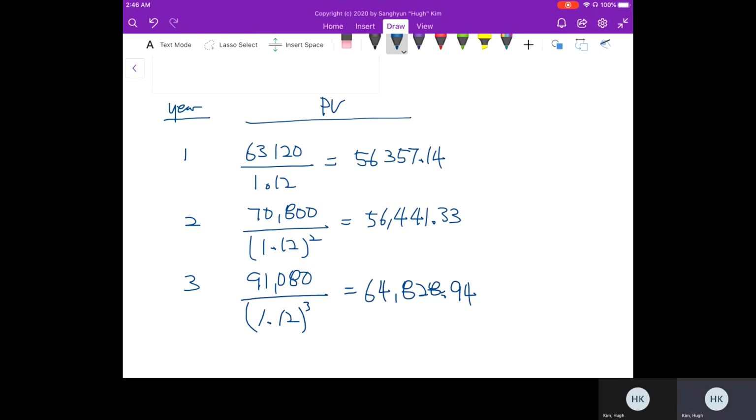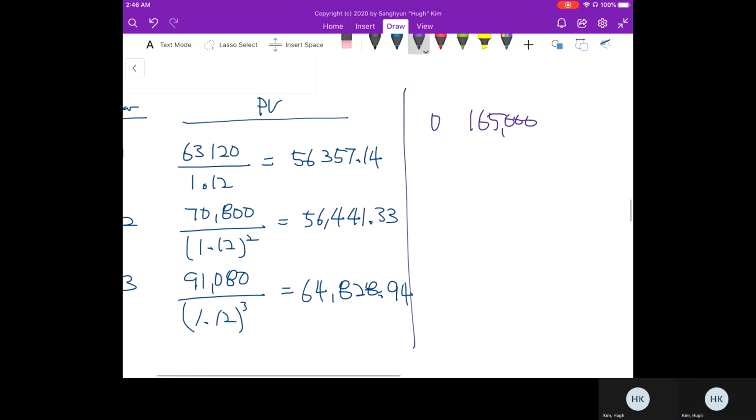Once we computed the present values, we can proceed as before. So the initial cost is $165,000. So that's how much we need to recover. After 1 year, we can recover this much on a discounted basis.